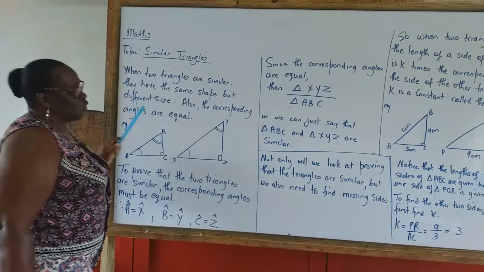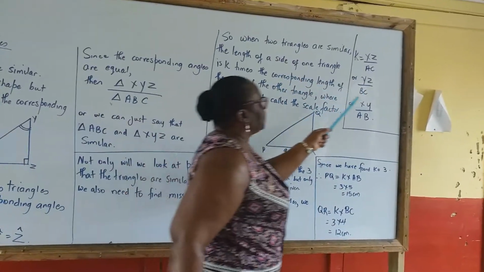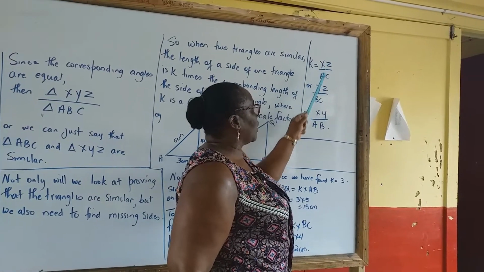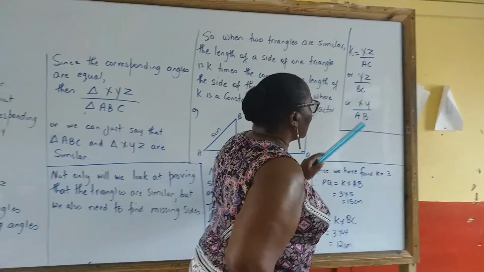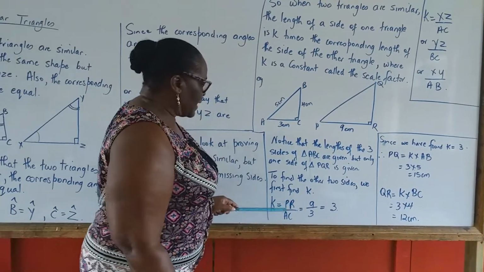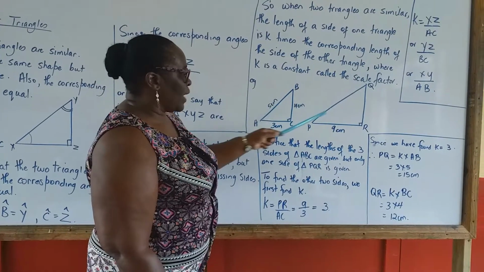So that's what we have up here to find k. You have to look at the sides and see what we are doing. From there we can go back here, and we want to find k for these two triangles.